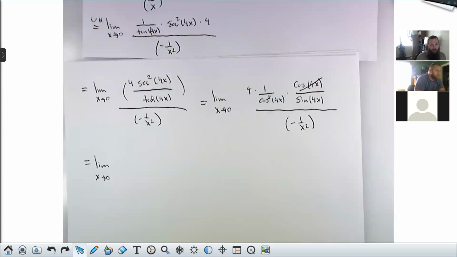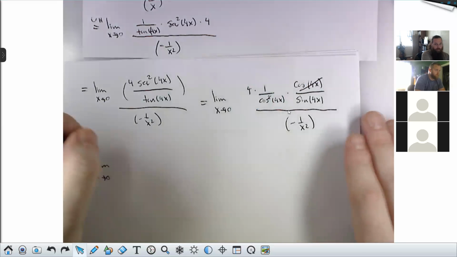I'm dividing that by tangent of 4x. So staying in the numerator, I'm going to flip and multiply. Tangent of 4x would be sine 4x over cos 4x. So when I divide by that, I have cos 4x divided by sine 4x. This piece is the divide by tangent. This piece is the cos squared of 4x, and this is just the 4 that was out front. This cos 4x can cancel with one of the cosines downstairs, but that's all going on in the numerator.